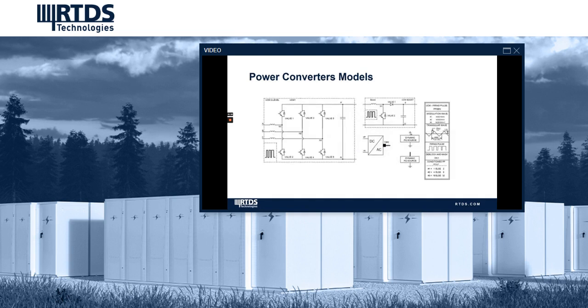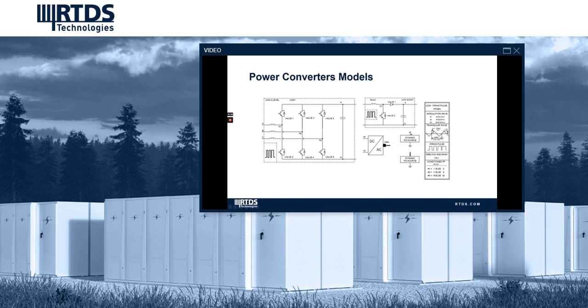The RTDS has several available converter models for renewable and energy storage applications to represent fully switched firing pulse models, switching function models, average value models, and dynamic PQ source models.